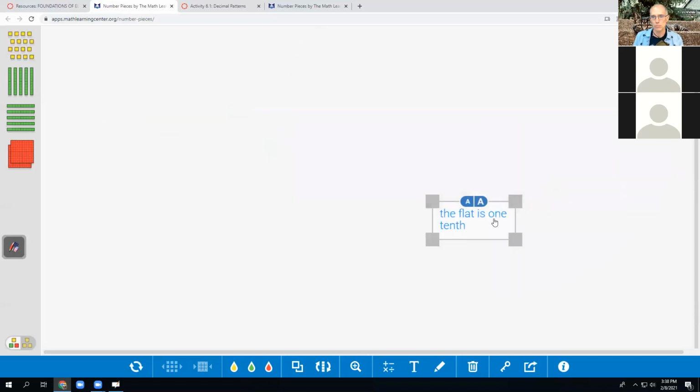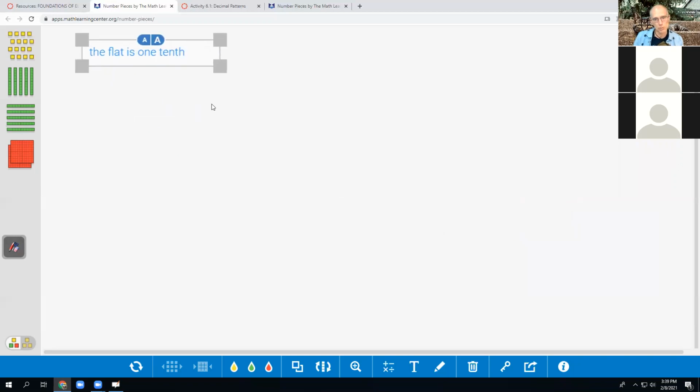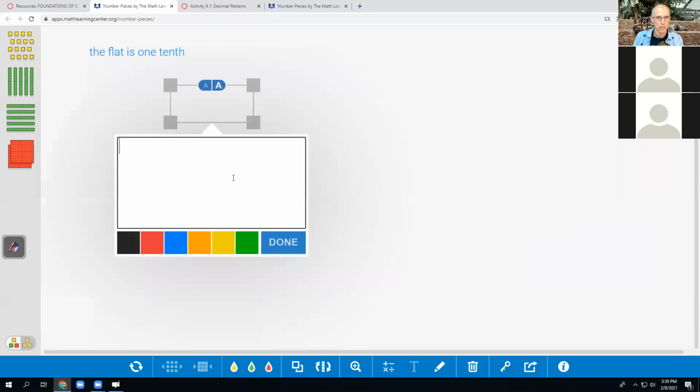Making the flat 1/10 allows me to express other numbers. So for example, if I needed to illustrate 125 thousandths, I can now do that.